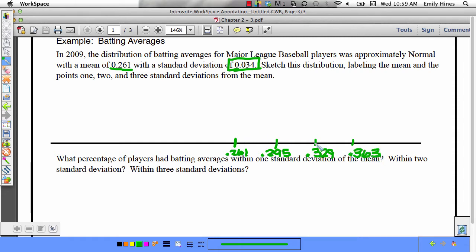I always need 3 standard deviations above and 3 standard deviations below. So, .227, I subtract another standard deviation, I get .193, and I subtract another one, and I get .159.